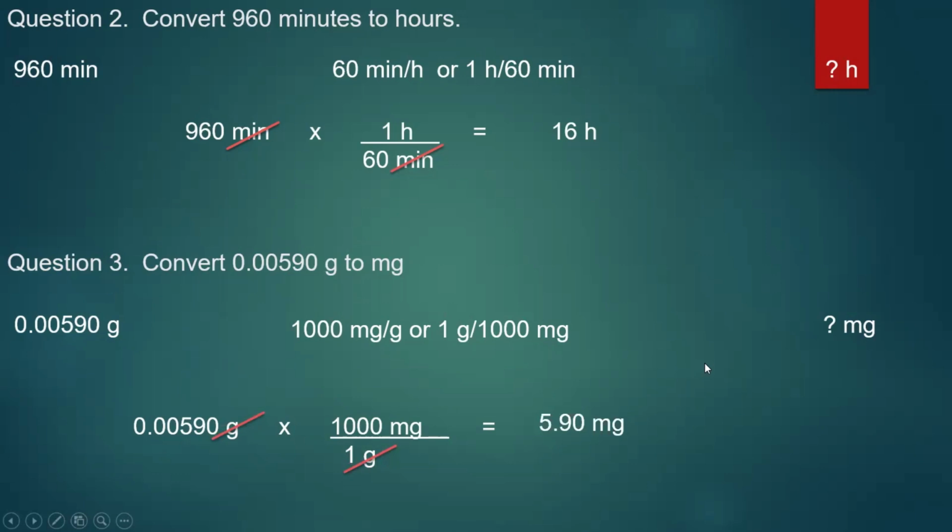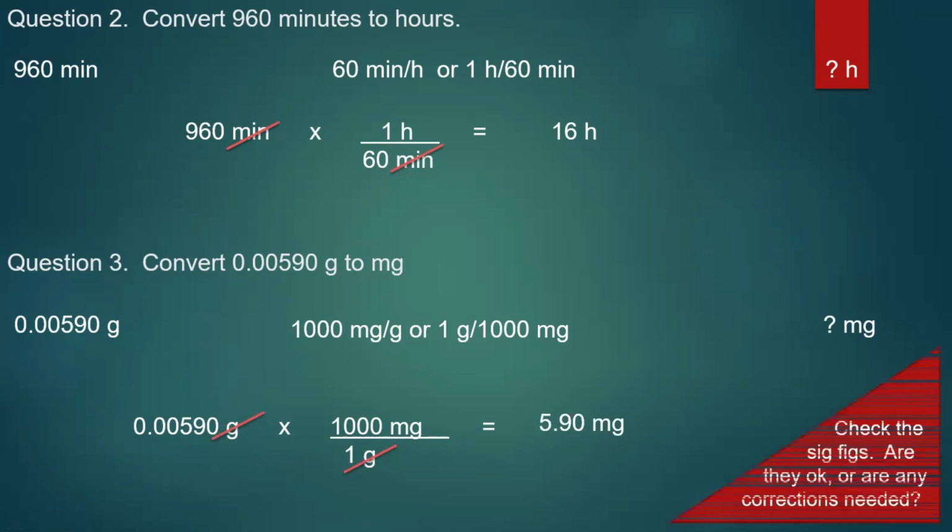All right. Now let's stop and look back and check our significant figures. So here we're multiplying. So when multiplying, if they are not defined exact numbers, then we look at whichever number has the least number of significant figures.